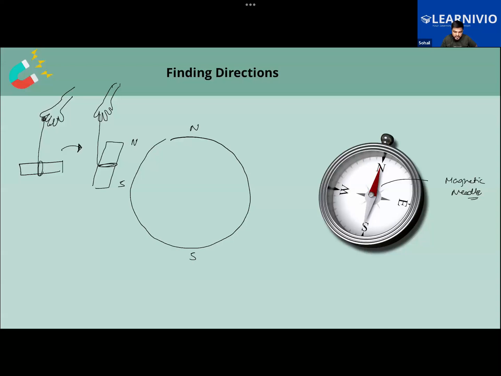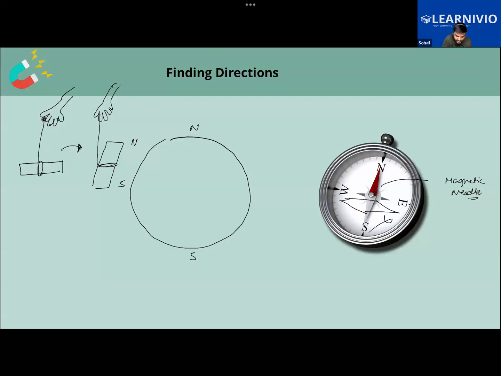So that when the compass is kept at a position of rest, and you are not shaking or moving it, just keep it stable, the needle will always point towards the north and the south direction. It will never be pointing towards the west and east direction.